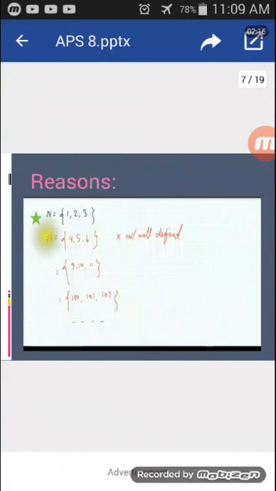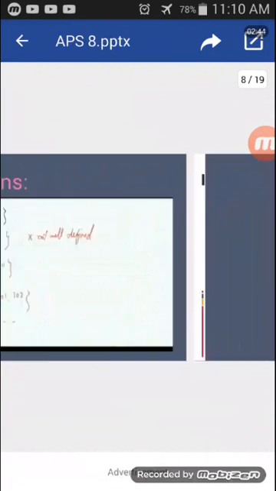If the starting and ending of the numbers are not defined, then it is not well defined. And distinct is in the sense that there is no repetition in the given set. So it is not well defined, but it is distinct because there is no repetition.